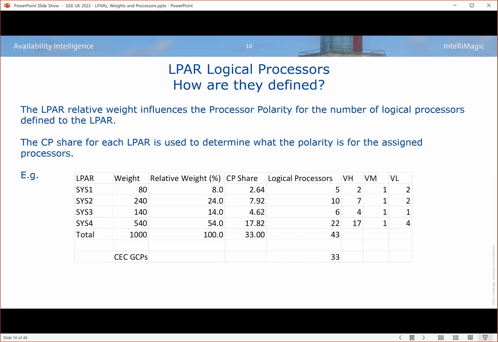So the vertical high, for example, is almost like a dedicated processor. And I'll get to a little bit more describing how these processes are defined for the LPAR and what it means. But we're basically talking about the sharing of the logical processes for the LPARs.